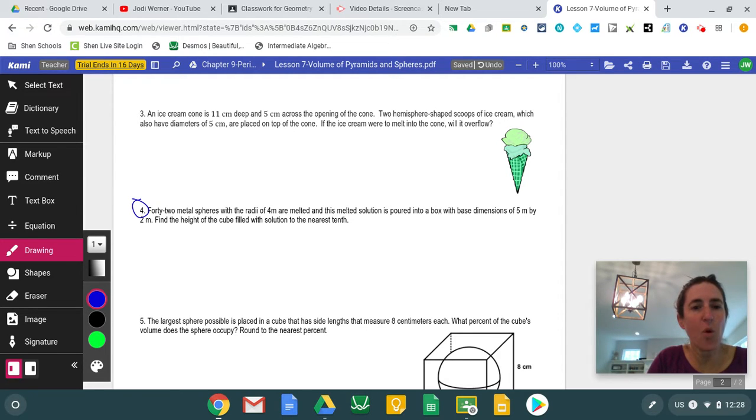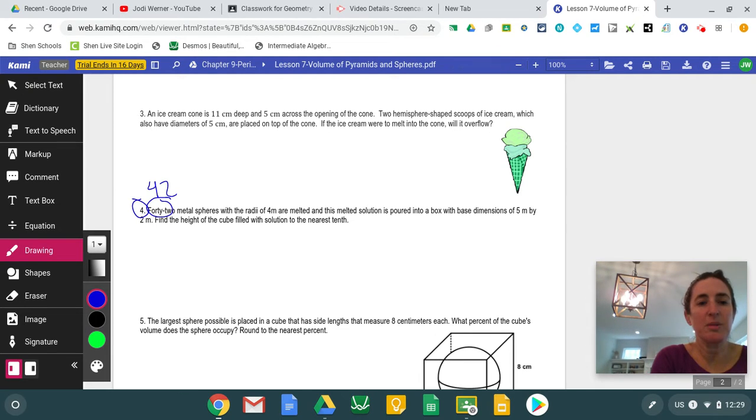It says 42 metal spheres with radii of 4 meters are melted, and the melted solution is poured into a box with base dimensions of 5 meters by 2. We want to find the height of the box filled with the solution to the nearest tenth. Holy cow. There's a lot going on there.